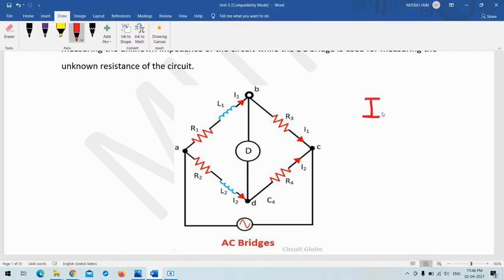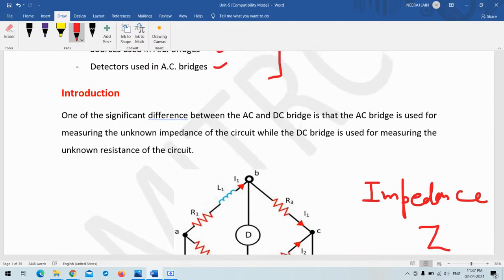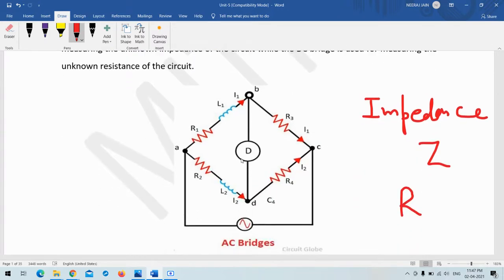Impedance is denoted by the symbol Z. It contains the resistive, inductive and capacitive elements all, while resistance is denoted by R and contains only the resistance. So AC bridges are used for the measurement of the impedance.